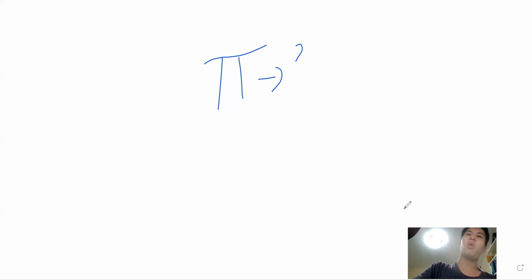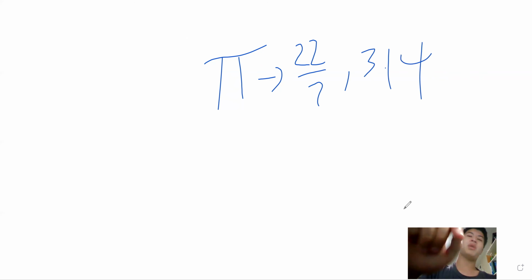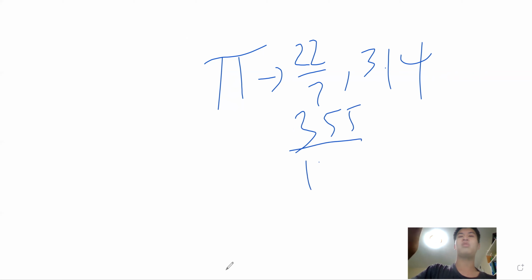For example, to approximate pi, we have the common ones, 22/7 and 3.14. These are common approximations of pi. Actually, a really good approximation of pi is 355 divided by 113.